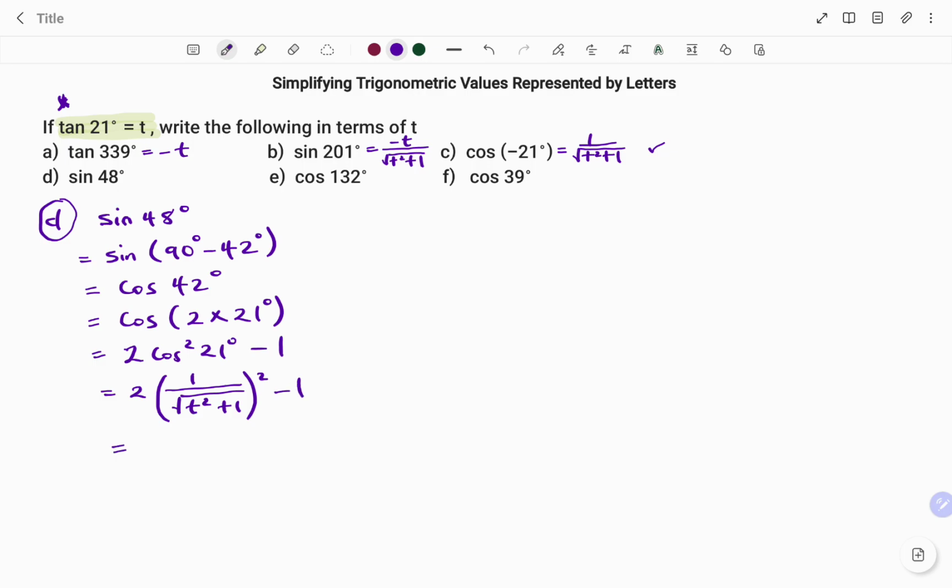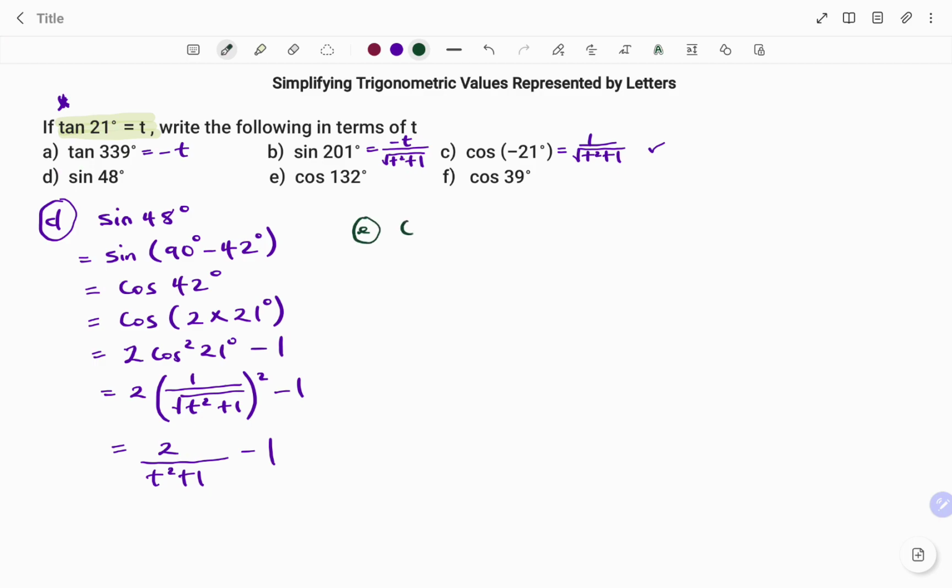And if you simplify further, that is 2 over t squared plus 1, minus 1, which equals 2 over t squared plus 1 minus 1. Then we go to our E.